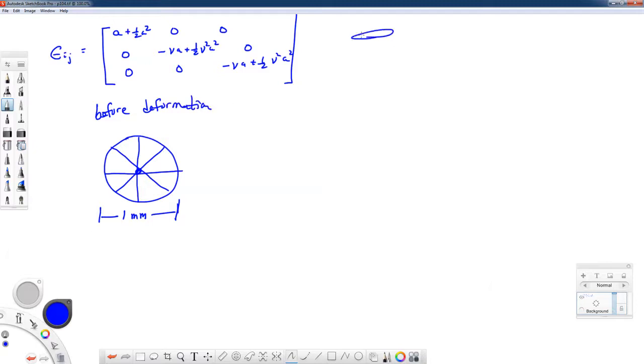So if we think of our bar again, this sphere is sitting right at the center of our origin, something like that. Well, we're pulling on this, and I'm going to exaggerate this. This bar stretches out.